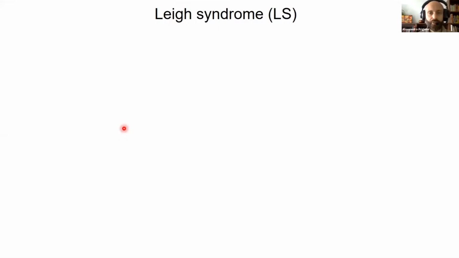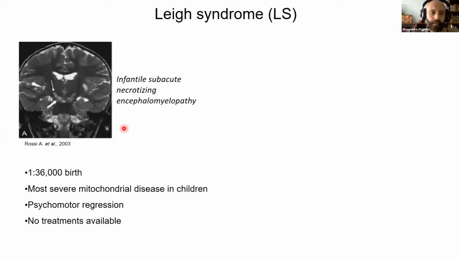As I'm sure this audience might be aware, Leigh syndrome is a frequent and severe manifestation of mitochondrial disease in children, and can give neurological symptoms like you see here, an MRI depicting a typical bilateral calcification in the basal ganglia.